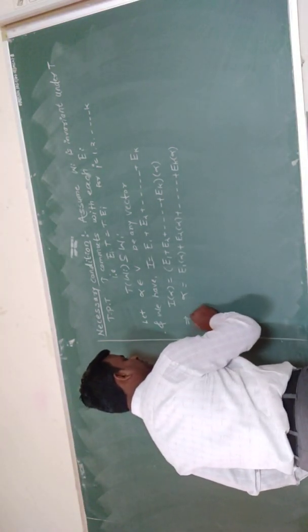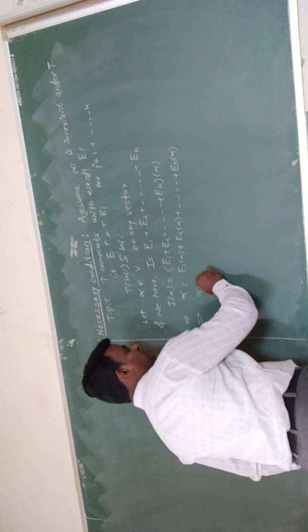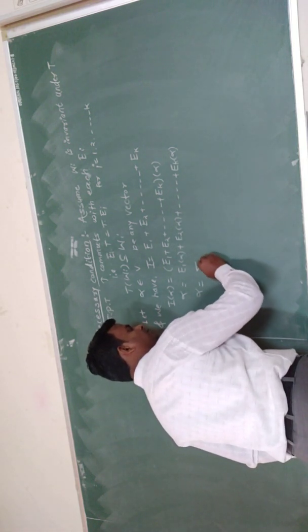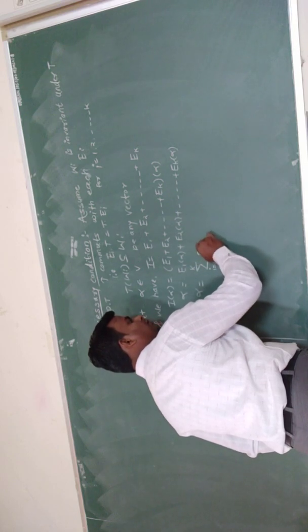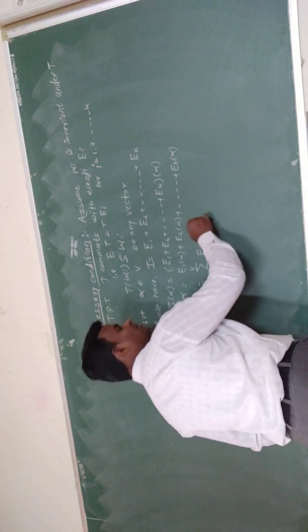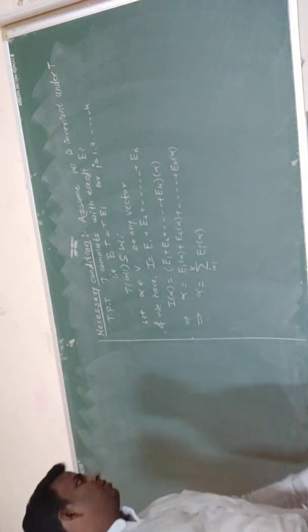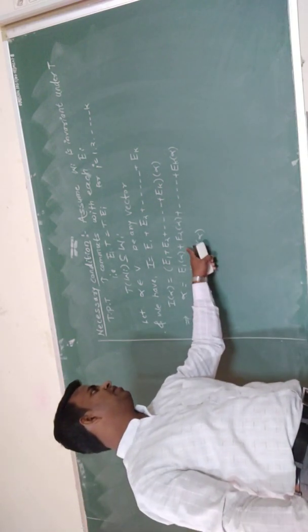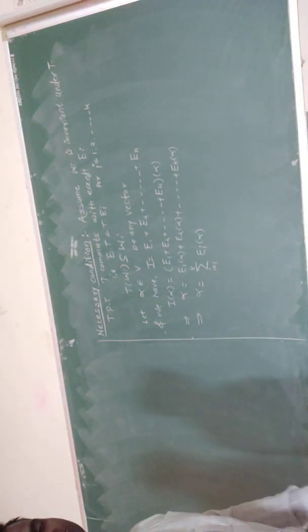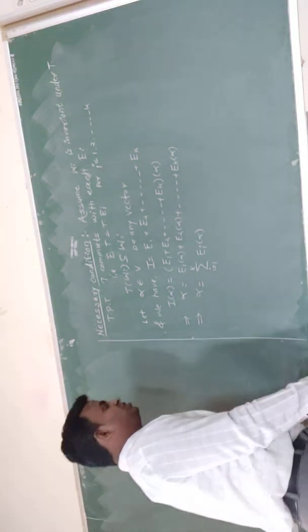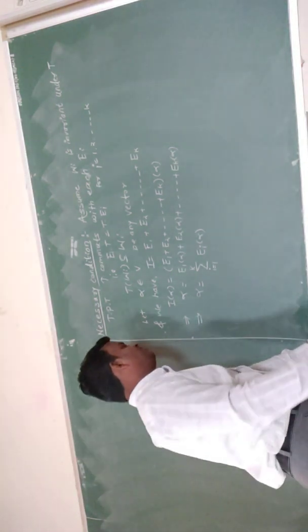Hence alpha is equal to summation i equal to 1 to k E_i of alpha.